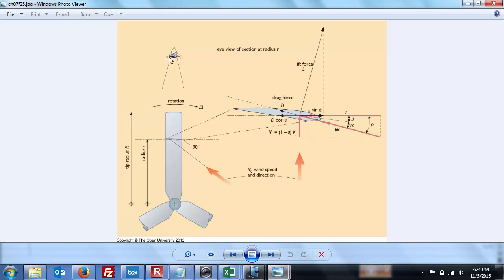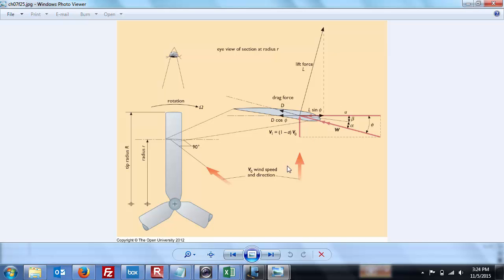But at the top, here's a little eyeball looking down at the blade. And this is what you would see if the thing sort of stopped moving, and that's what the blade looks like flying through the air.